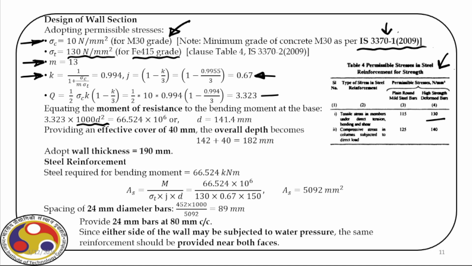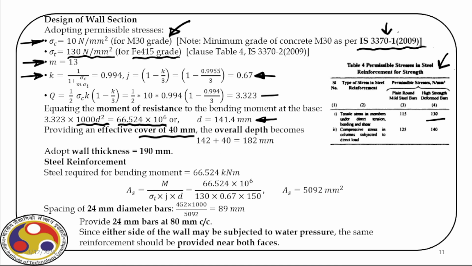B is 1 meter, so this is 1000 times d square, and we have to equate that with the applied moment, which is 66.524 kilonewton meter. From this equation we can find out the effective depth of the section that we need, which is 141.4 millimeter. Then we can design with an effective cover of 40 millimeter.